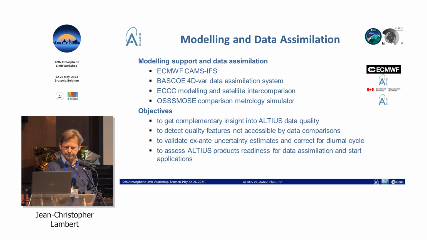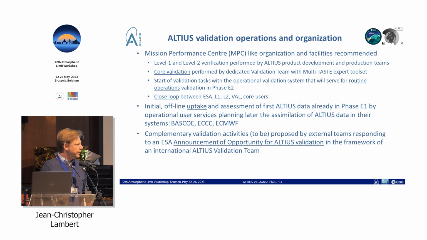The overall validation operations and organization: we are thinking about a mission performance center like the one developed for Sentinel-5P and the atmospheric missions of Copernicus, with different tasks performed by different teams. So this is actually very classical as well. Level 1, level 2 verification performed by the data producer, who are the experts.